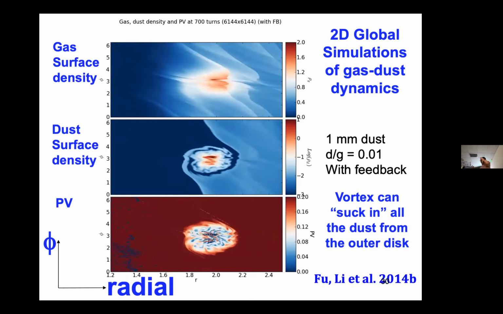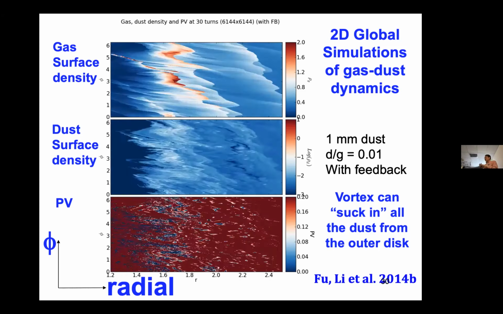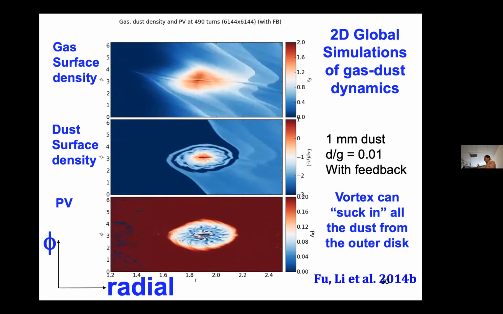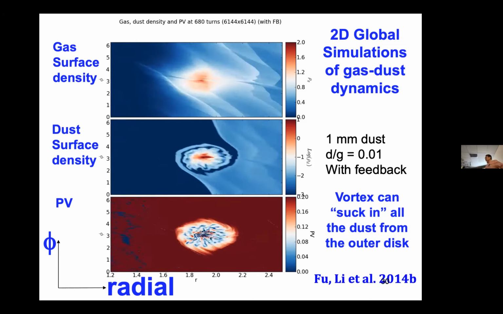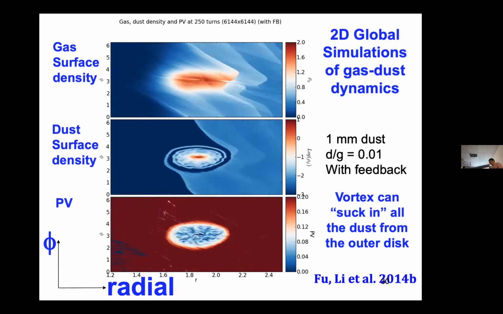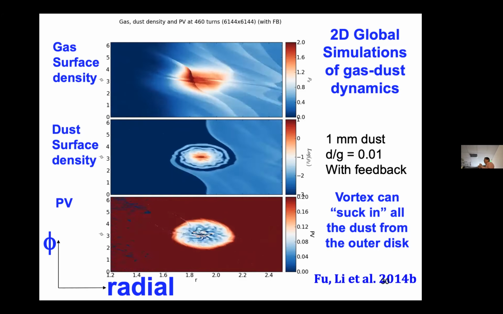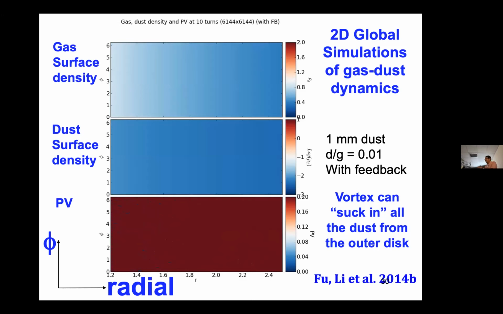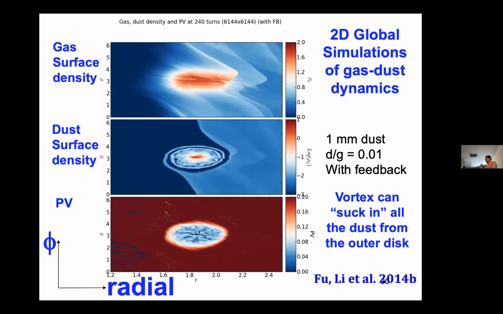Now, the growth process and the fragmentation, we have models for it, but it's not well tested. Some of our work is this heroic subgrid modeling: in all the hydro simulation, in each cell, we also evolve the size by subcycling.